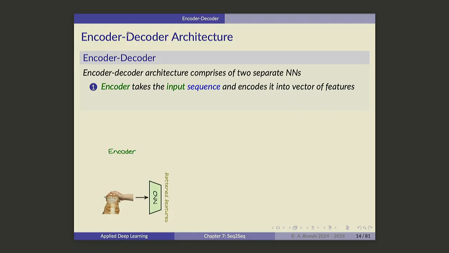Maybe you want to do translation. So you're going to get your input and give it to a neural network. That neural network is responsible for looking at that data and extracting a bunch of features. Those features are hopefully the required concept or context inside the input that you need to generate your output.